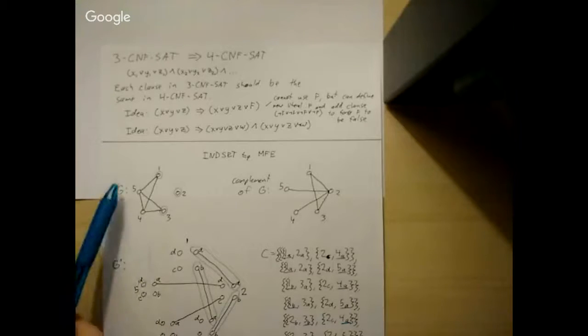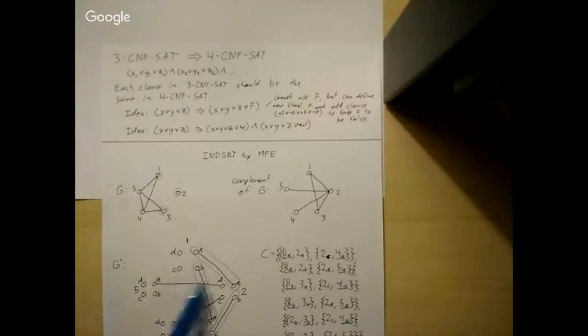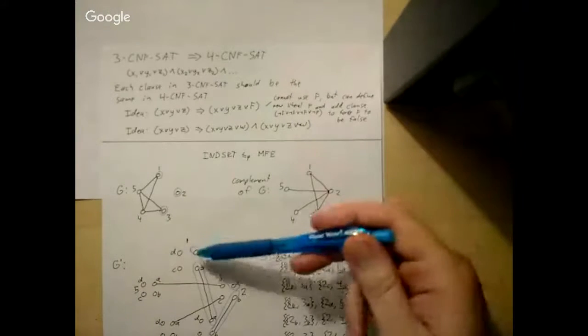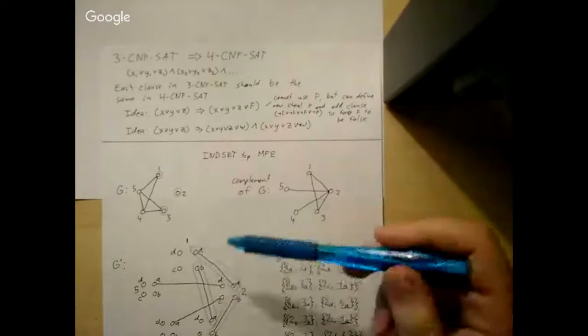So in this case, we have 5 vertices in the original graph, so we have 4 copies of every original vertex here. But really, all this is doing is letting you have edges without having them share vertices.